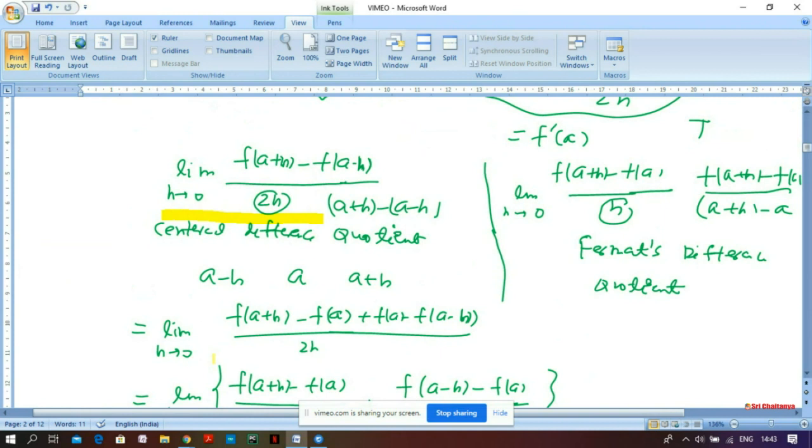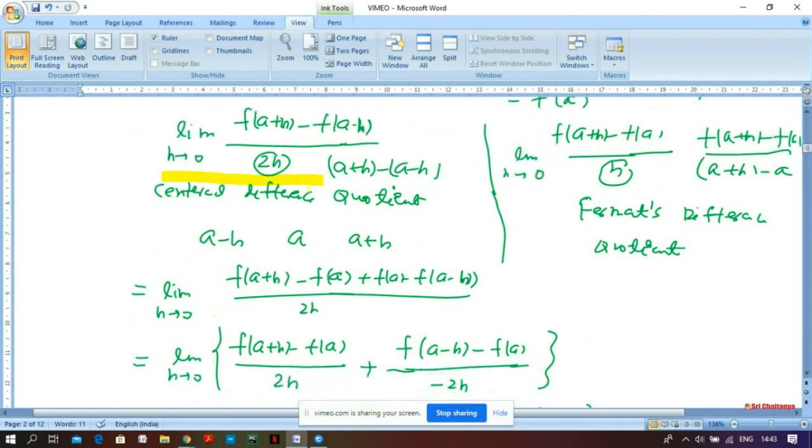Rather, it was the opposite way: if f prime a exists, that is, if f is differentiable at a, then the limit of the centered difference quotient indeed equals f prime a itself.